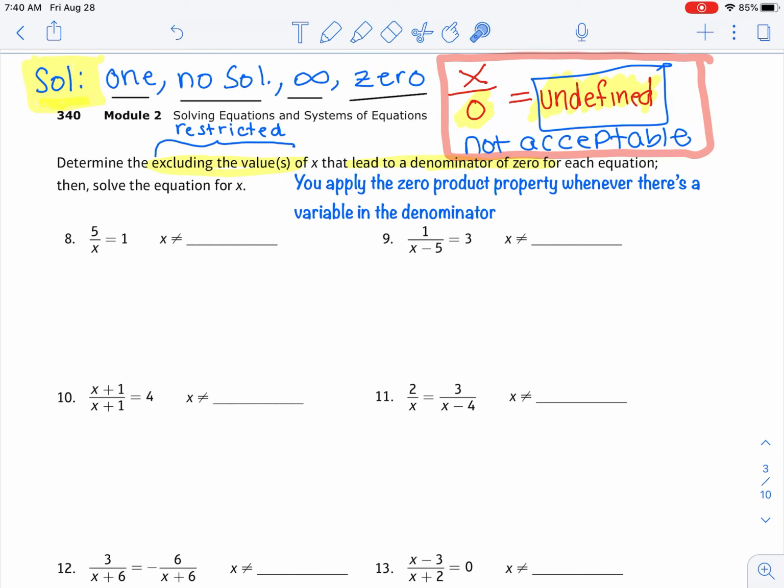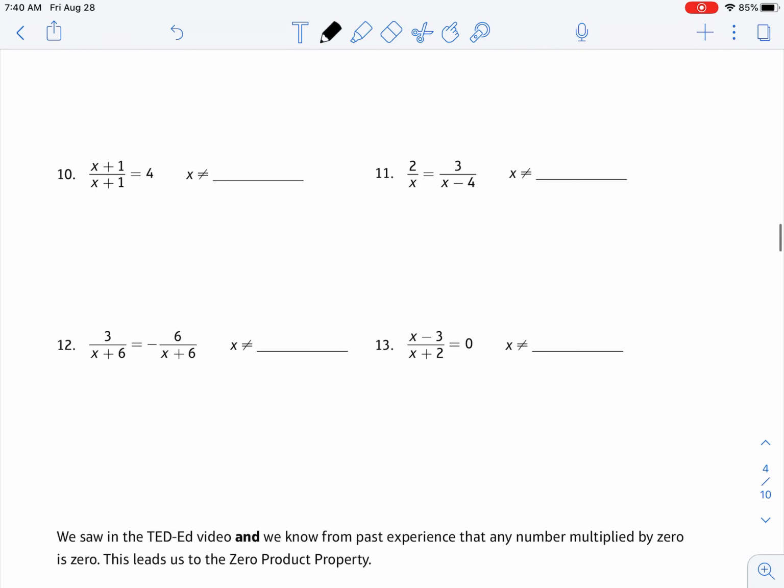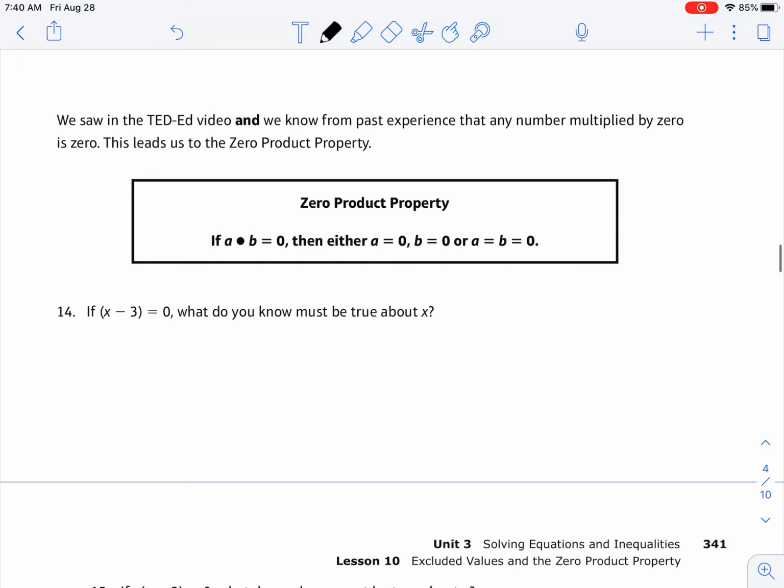So in the directions on this next part, it says determine the excluded values of x that lead to a denominator of 0 for each equation. Then solve the equation for x. So another note that I put is you can apply the zero product property whenever there's a variable in the denominator. Well, what's the zero product property? Basically, the zero product property states that if a times b is 0, then either a is 0 or b is 0, or they're both 0.